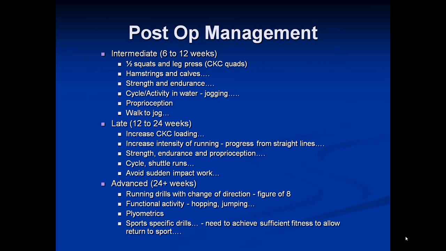In the intermediate phase, 6 to 12 weeks, this will then progress, carrying on the closed kinetic chain type activity with squats and leg presses, continuing hamstring activity and calf work, building up their strength and endurance, and starting to increase their aerobic capacity with perhaps cycling or active water jogging.